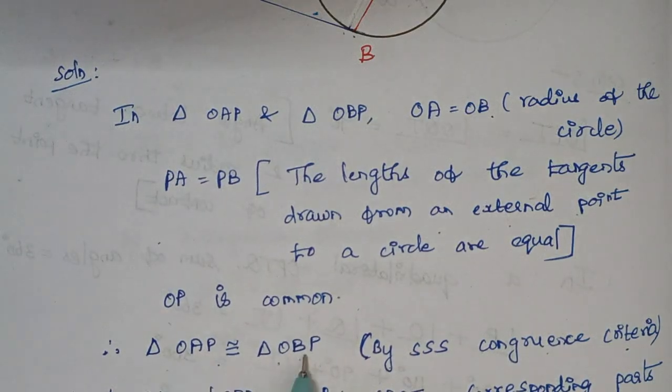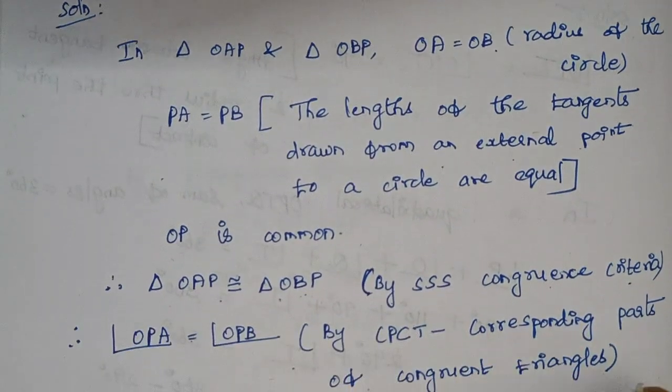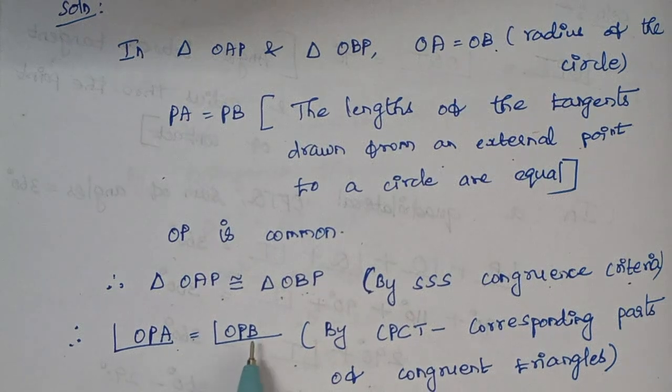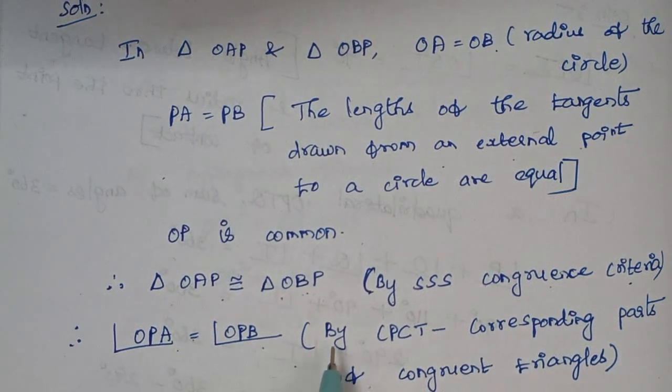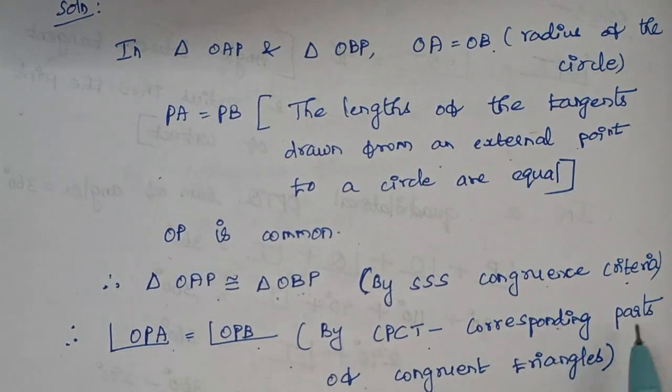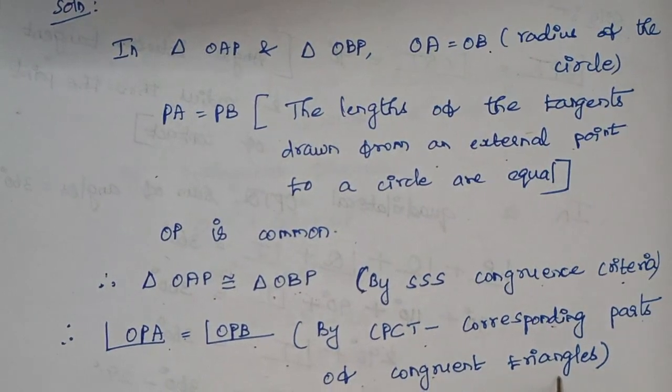Now angle OPA is equal to angle OPB, because of CPCT, that is, corresponding parts of congruent triangles.